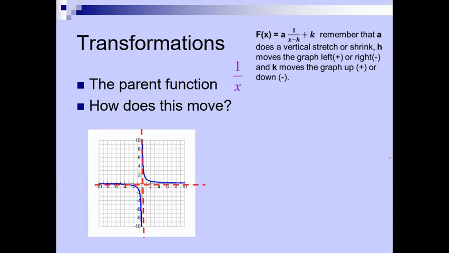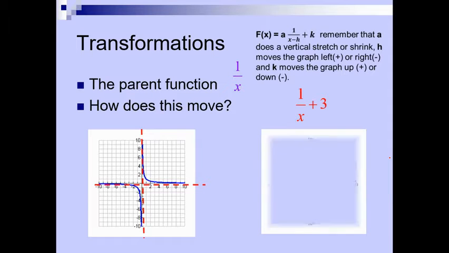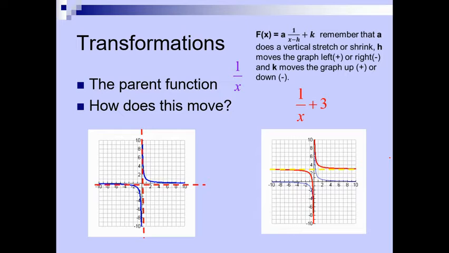So how does this move if all of a sudden I put a 1 over x plus 3? That is correct. What happened is the horizontal asymptote moved up 3. Notice the yellow line. The vertical asymptote is still in the same place along the y-axis for x equals 0.